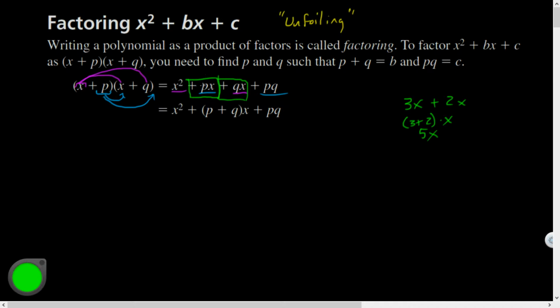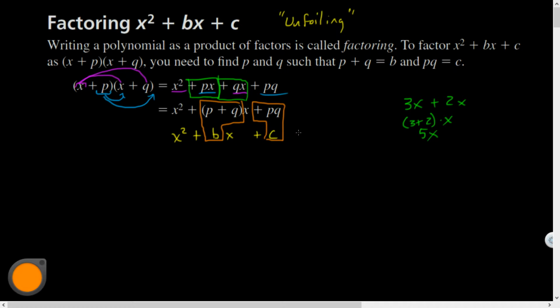If I want to add px's and qx's, where p and q are just numbers, that's the same as writing p plus q times x. That's like this step right here. And notice that if this is the same as x squared plus bx plus c, then b has got to be p plus q, and c has got to be the same as p times q.